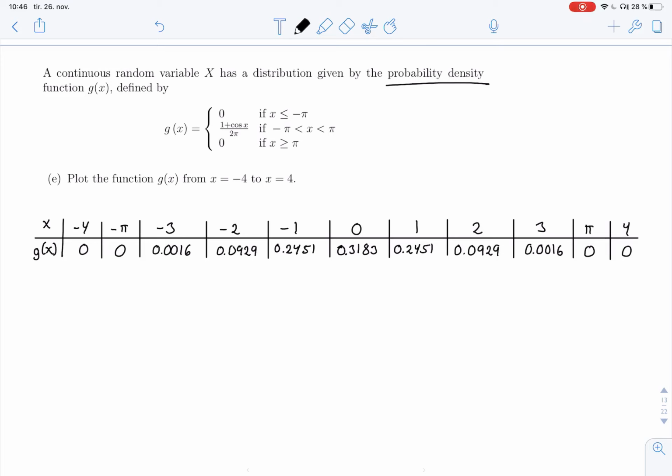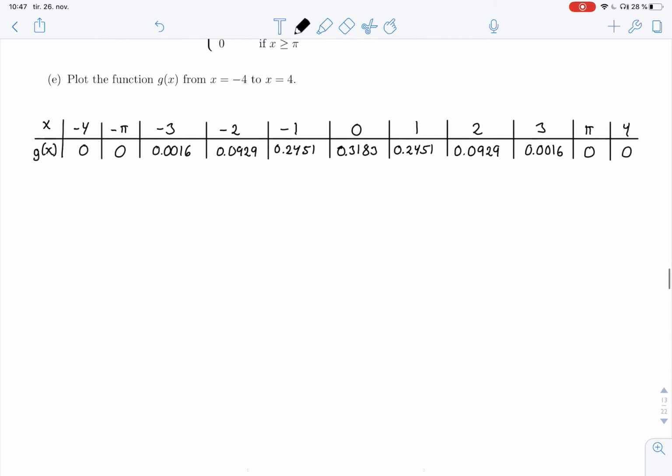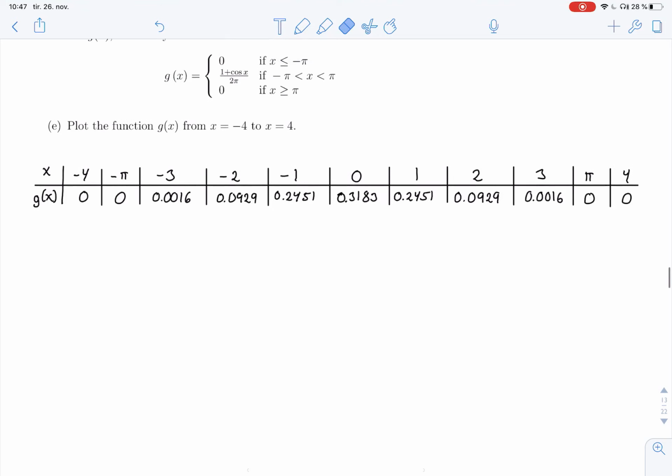So I used my calculator to generate a table like this. I did it before we started the video because that takes a little bit of time. But it is simply to put in all the x values into the function here and get the y value, or the g of x.